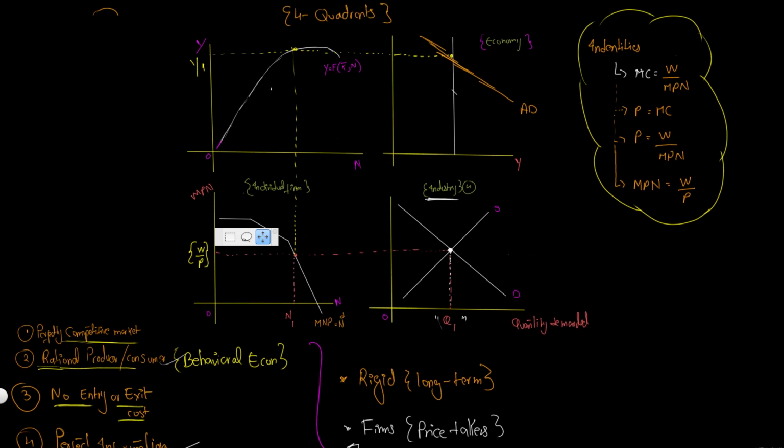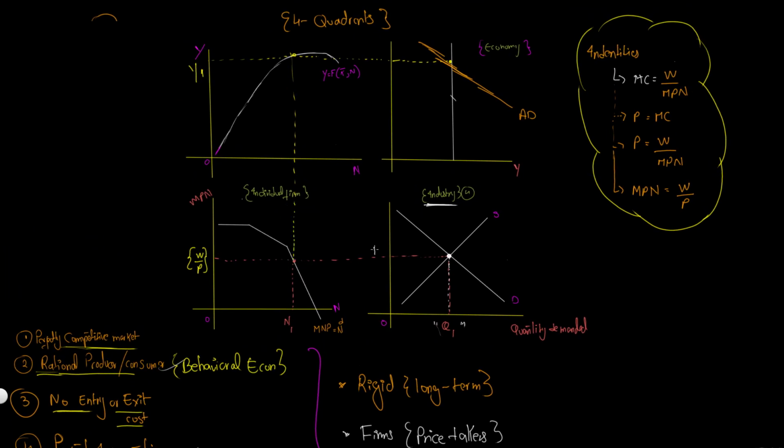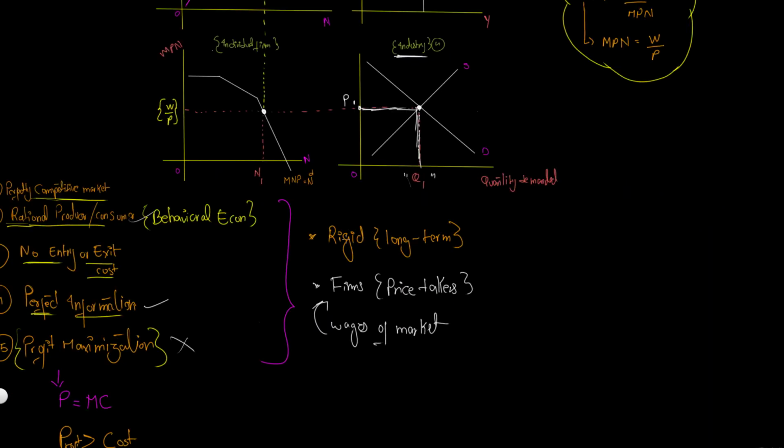And let's say that this point is P1, and P1 is our equilibrium point. If we assume that to be the equilibrium point, firms will employ where price is equal to marginal cost. Another assumption that we make is that the marginal product of labor, MPL curve, is the same as marginal revenue product.